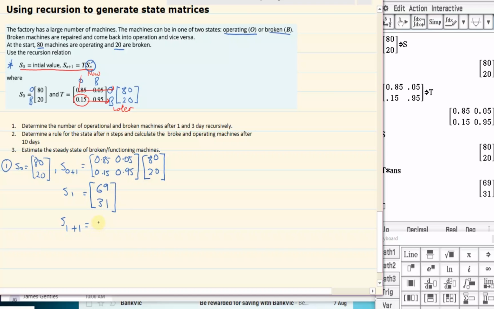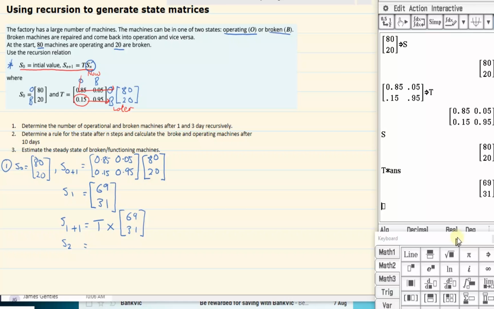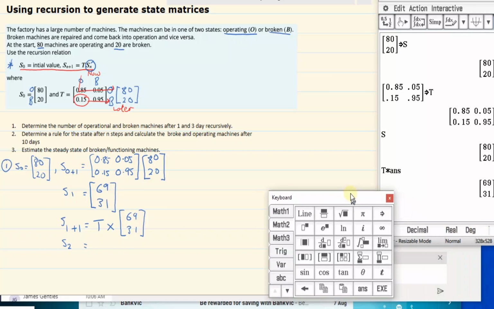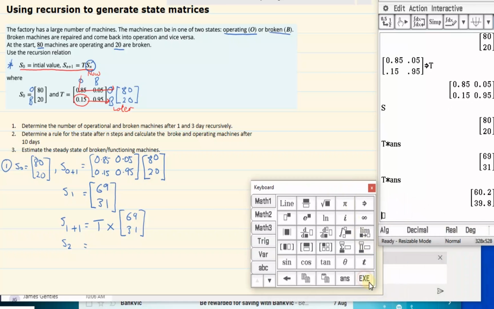So we're going to do T times 69 and 31. And that'll give us S2. So over here, we can go, that is S2. And then I'm going to hit it again just to get S3.